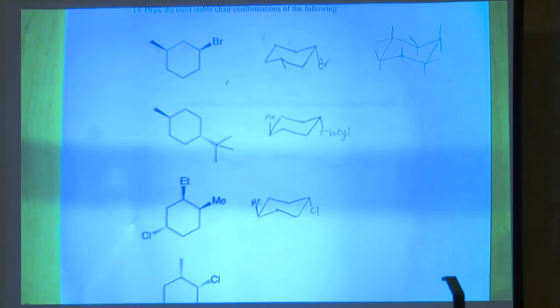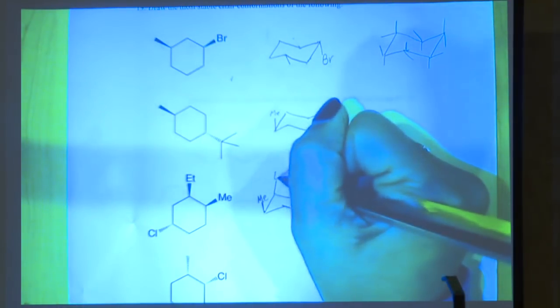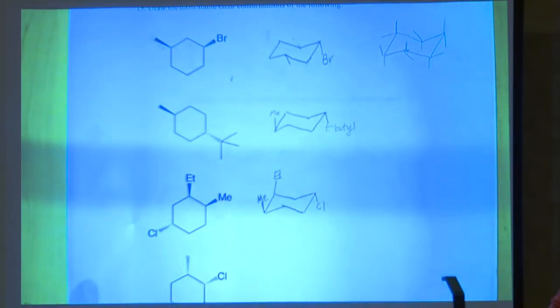On either of the other ones, you can draw, how about the top one? Draw the axial as that. Like that? Yeah. Is this our most stable? The ethyl? Could we make that also equatorial?